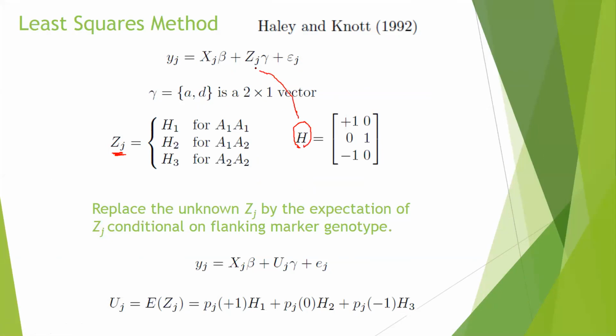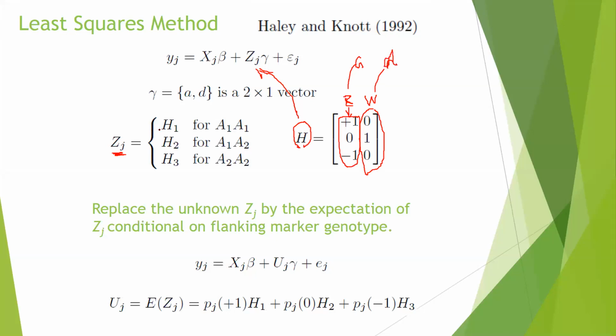We're very clear from here, right? We used to use z to represent this column, and we used to use w to represent this column, right? Hope you still remember. The z is associated with the additive effects, and the w is associated with the dominant effects.